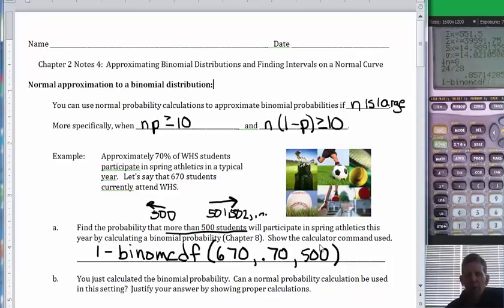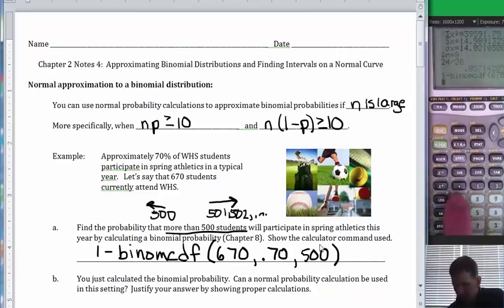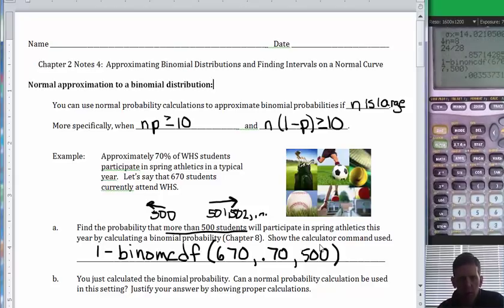On the newer calculators, it'll prompt you for your n value, your probability, and the x value or number of successes. If you have the older calculator, just type in those same numbers separated by commas. When you hit enter, you'll get your answer, which is about 0.0035, and we'll write that number down right here.